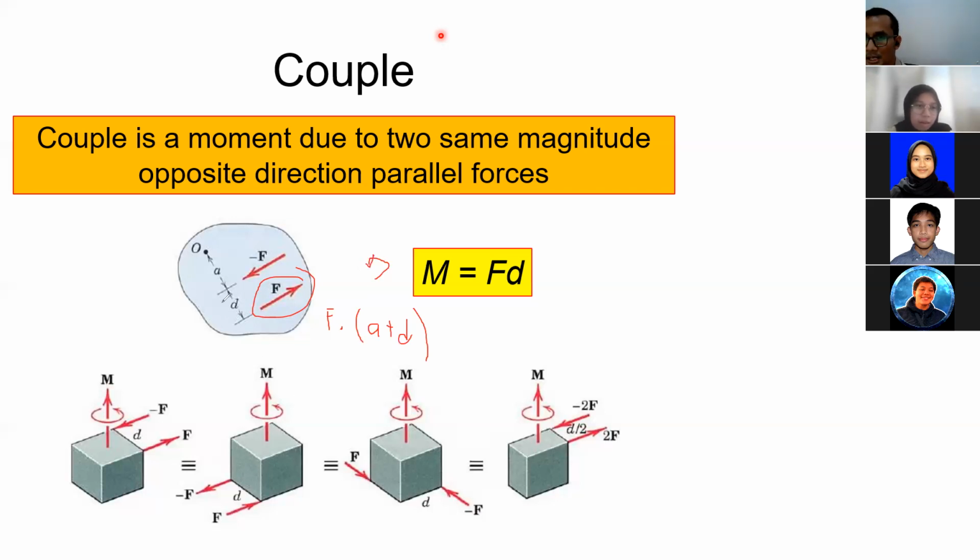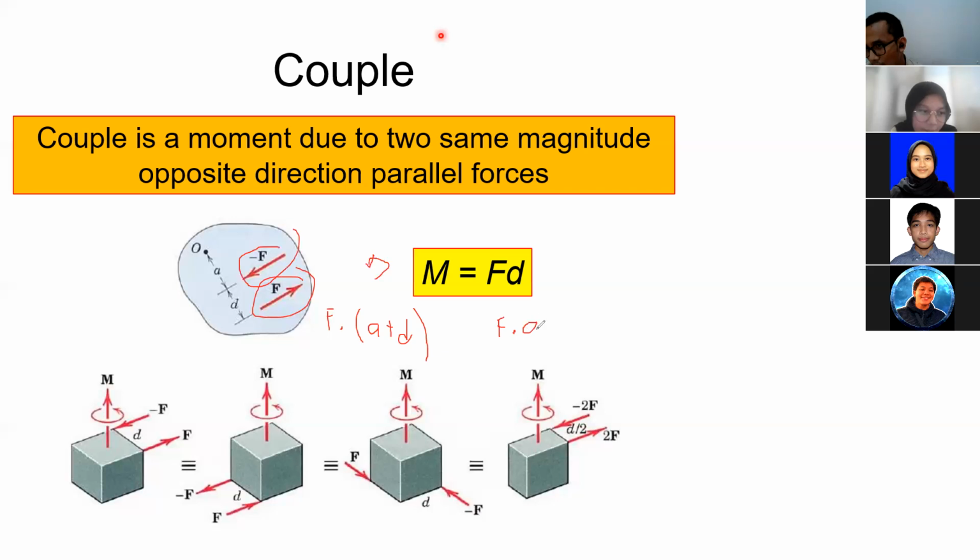Now, how about the moment caused by that other force? The magnitude is the same, F, multiplied by the distance. What is the distance between that force and O? Is it only A?